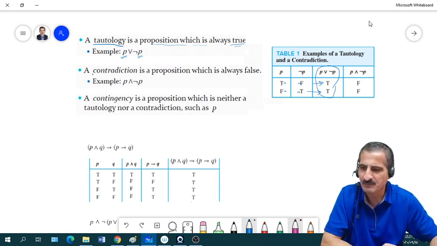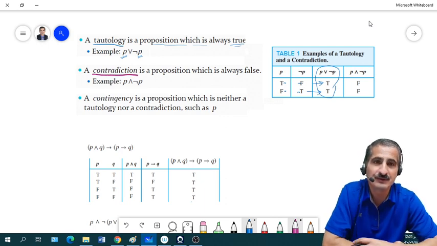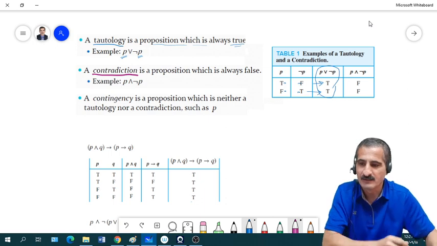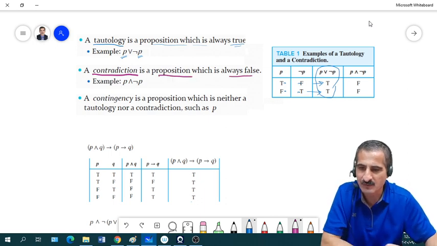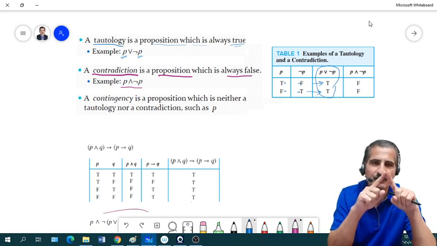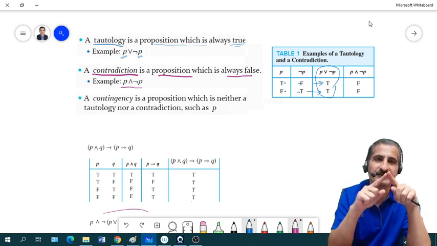Also, a proposition is called a contradiction when it is false all the time. So a proposition that is always false is called a contradiction. And here we have an example: P and not P. The AND operator will give you false if one of the propositions at the side is false.